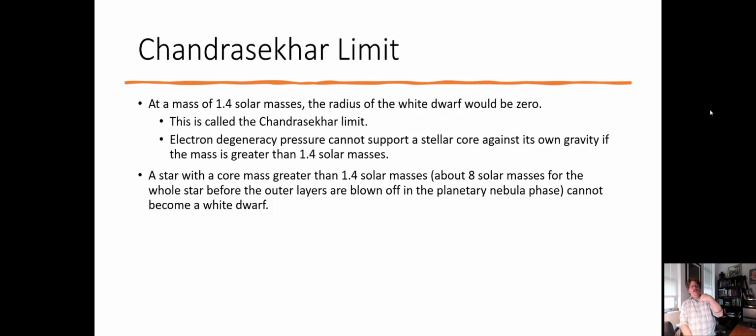So, if you have a core that is initially larger than 1.4 solar masses, such as in higher mass stars, or, as we'll discuss later, you pour enough mass onto a white dwarf such that the mass exceeds that 1.4 solar mass limit, then it becomes something else. It's no longer considered a white dwarf. It is something else.